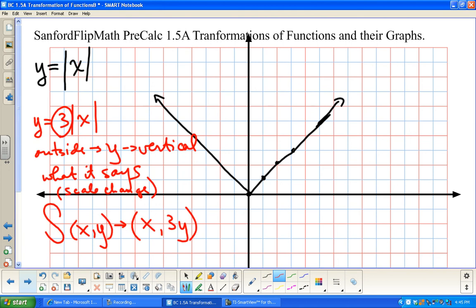So notice this point 1, 1 becomes the point 1, 3. This point 2, 2 becomes the point 2, 6. This point 3, 3 becomes the point 3, 9. 0, 0 is 0, 0, because when you multiply the y value by 3, it's still there. Okay, and etc.